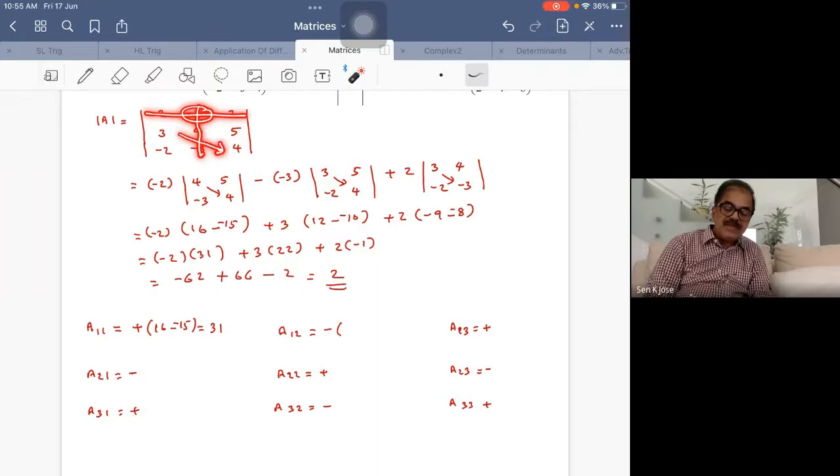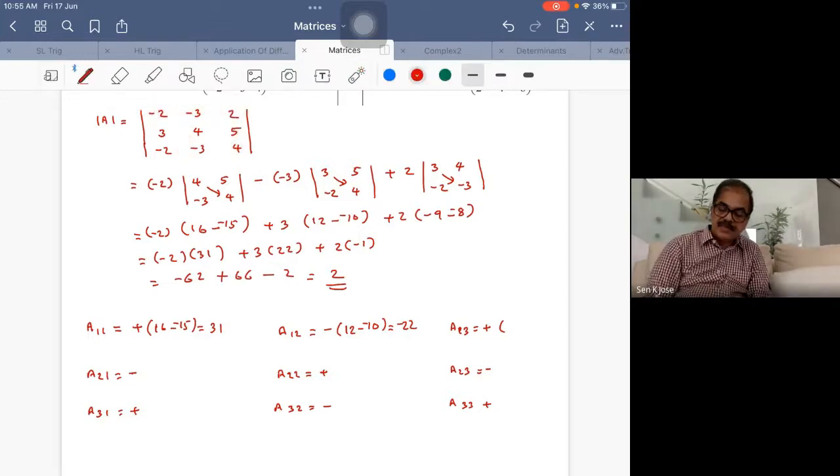That's 12 minus 10, which is minus 22. And A13 will be, that's the element, delete the row and the column it belongs to, cross multiply. We get minus 9 minus 8, which is minus 1.